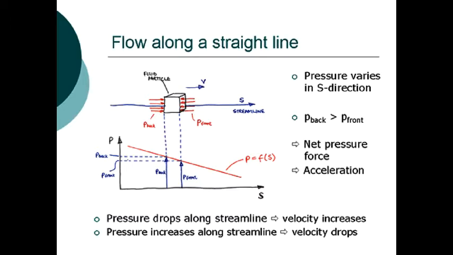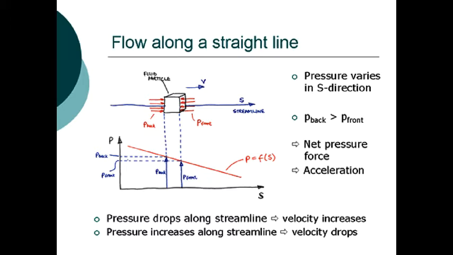Then because this particle has a finite size, I'm being very crude here, because it's not infinitely small. I said it's not the size of a molecule. It's a little bit bigger than that. So because it has a finite size, you see that the pressure on the back is higher than the pressure on the front. I hope that's reasonably clear. And what that means now is that this pressure here is larger than that pressure there. And what do we learn?